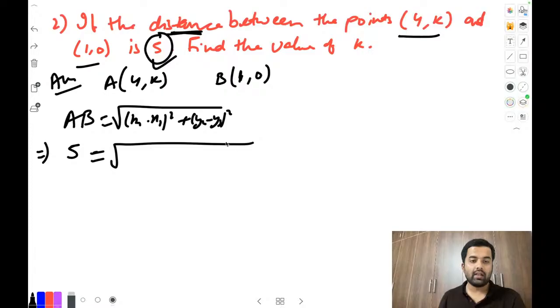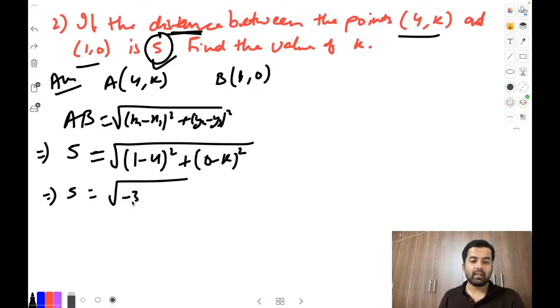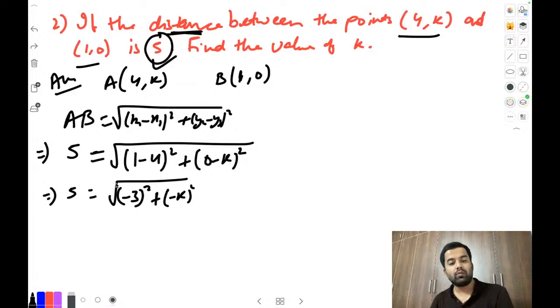Now x2 minus x1 will be 1 minus 4 whole square. Understood? Plus y2 minus y1 stands for 0 minus k whole square. Now this becomes minus 3 whole square, and this becomes minus k whole square. If you remove the root from here, that will go that side, it becomes square, right?